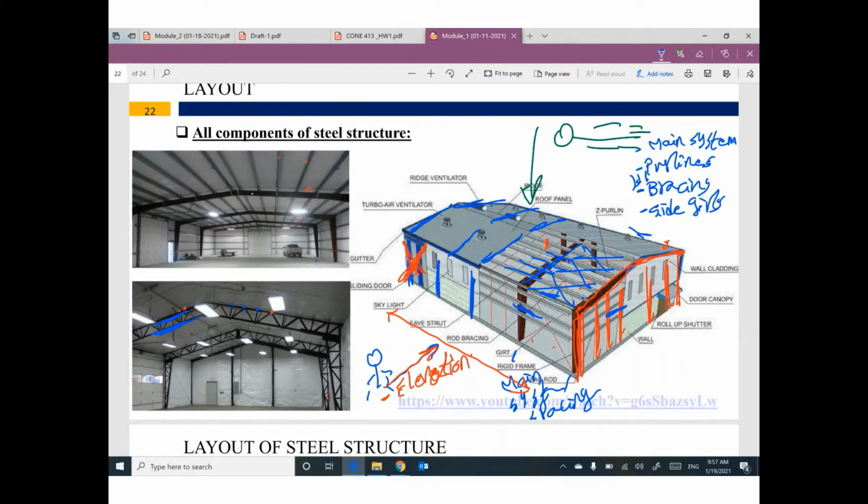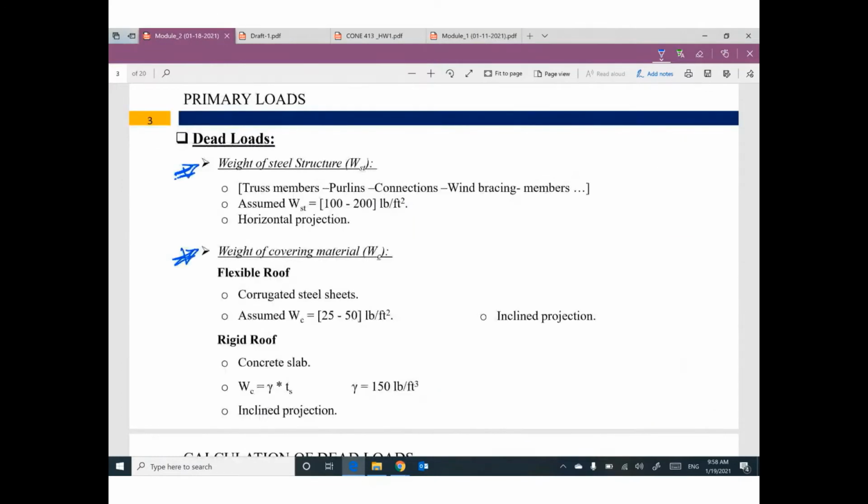The weight for all of these components, main system, truss, purlins, bracing, horizontal bracing, and the side girths, I can assume the weight for truss member, purlin, connection, wind bracing, all of these members around 100 to 200 pound per square feet.